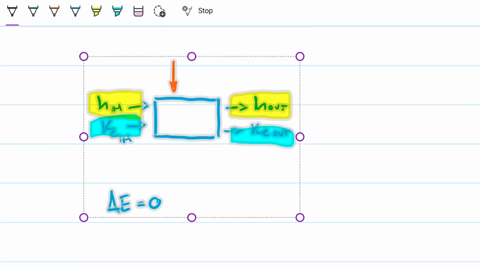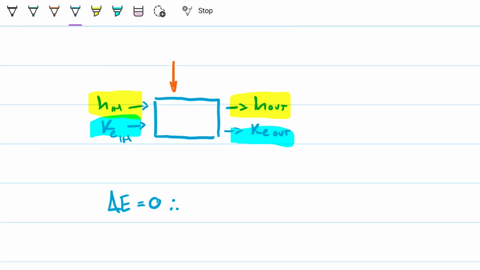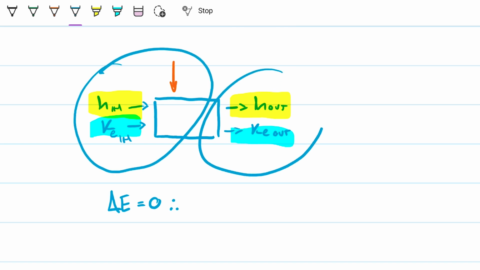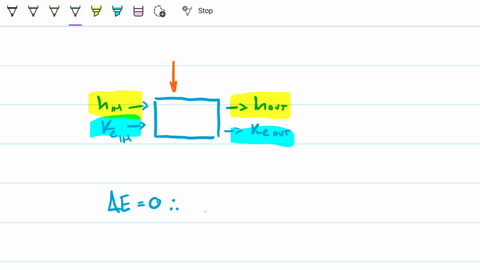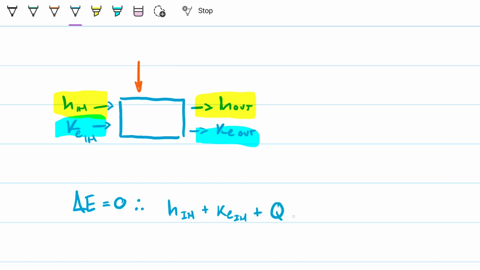Because the energy balance needs to be 0, that means that everything that's entering minus everything that's leaving has to be 0, right? So what is entering? H in plus heat entering minus out, all this has to be 0.